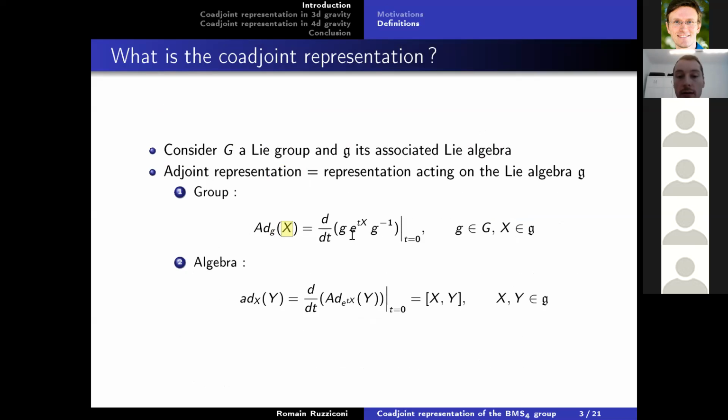Basically, you take the exponentiation of X to obtain an element in the group. Then you perform the following operation with g. And finally, you take the differentiation to obtain again an element in the algebra. Similarly, you can obtain the adjoint representation of the algebra by just taking the differentiation of the adjoint representation of the group. And what you get is just the Lie brackets of the vectors in the Lie algebra.